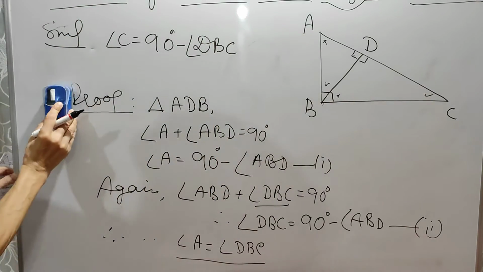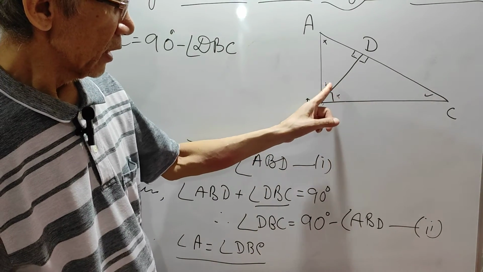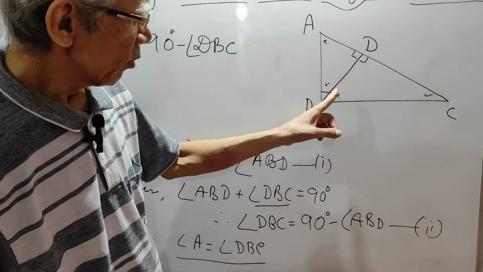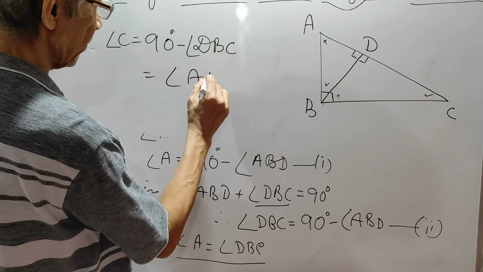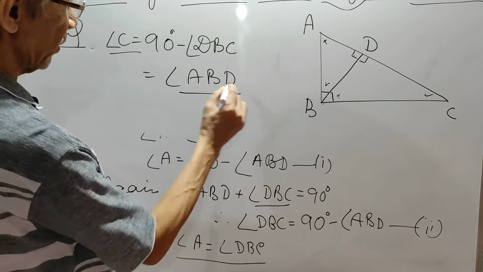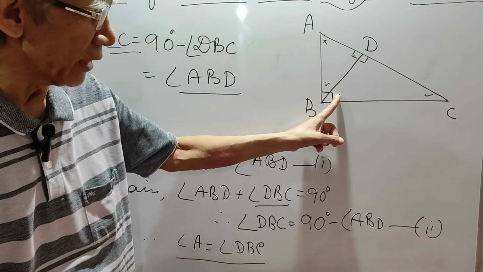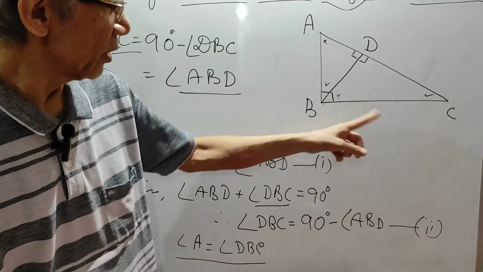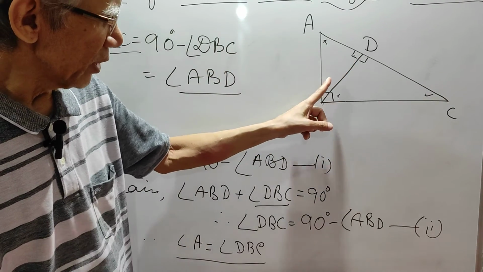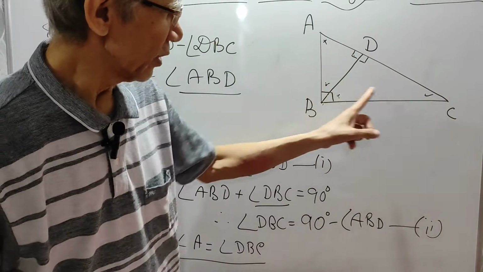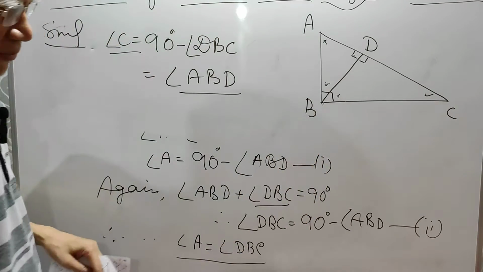Now this plus this equal to 90, therefore 90 minus DBC is ABD. So C equal to ABD. C equal to ABD proved.